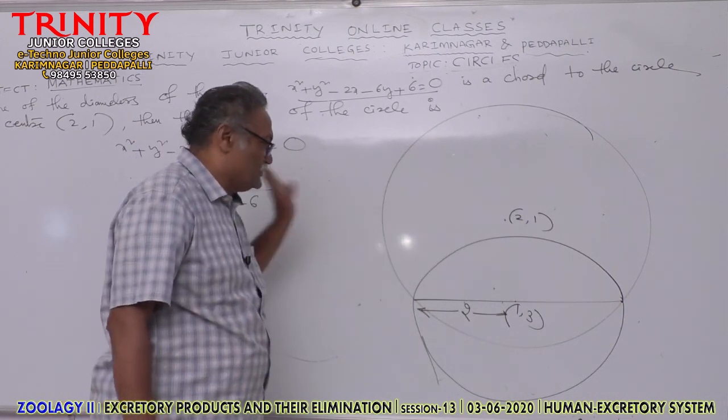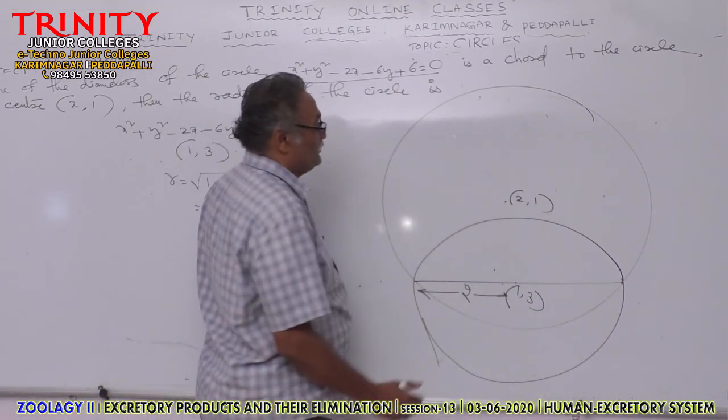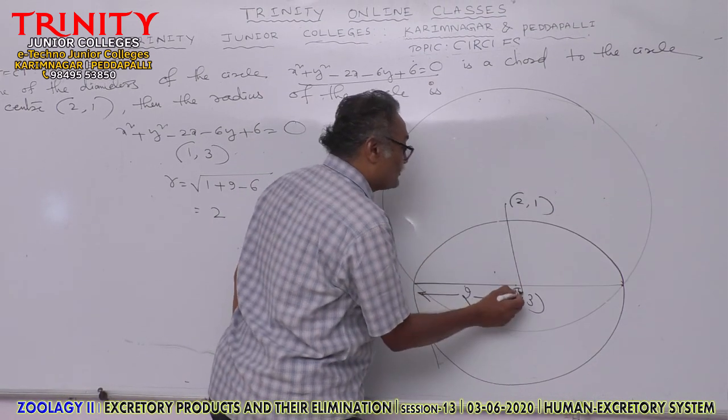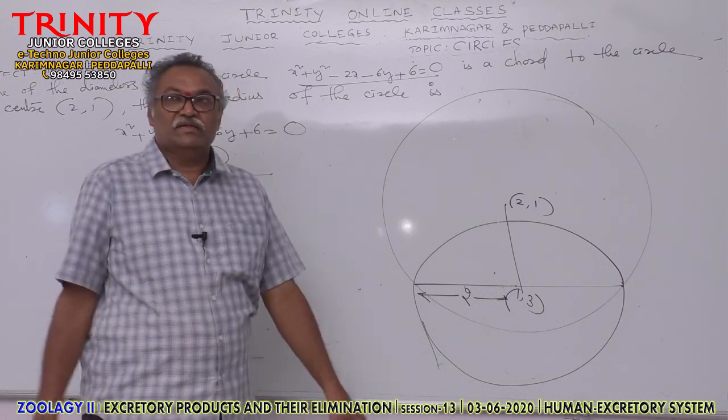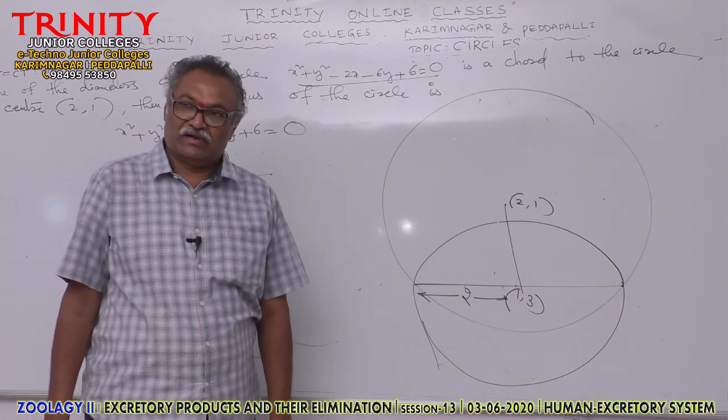Then the radius of this circle is, join like this. Perpendicular bisector of any chord passes through the center of the circle.